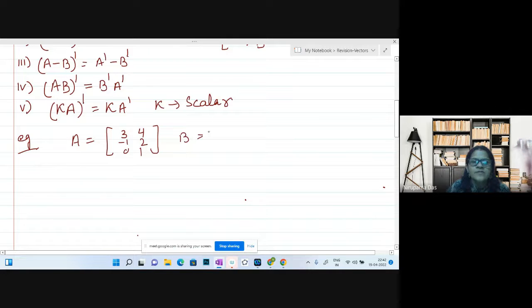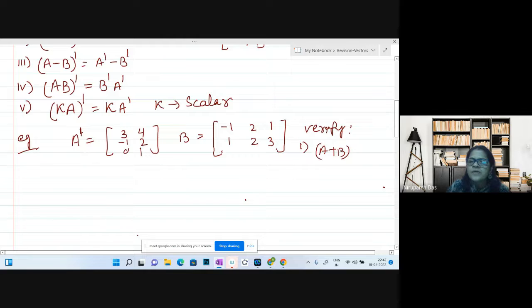B matrix is -1, 2, 1, 1, 2, 3. So we have to verify that transpose of (A plus B) equal to A transpose plus B transpose, and transpose of (A minus B) equal to A transpose minus B transpose.